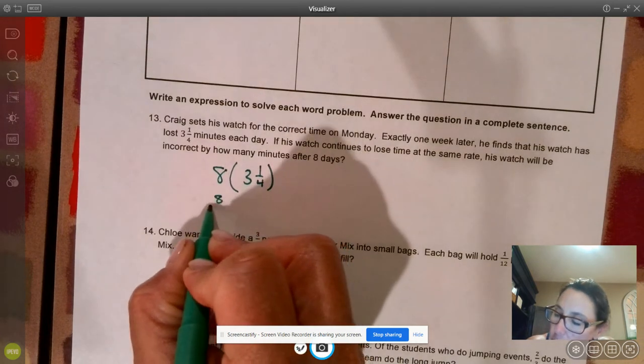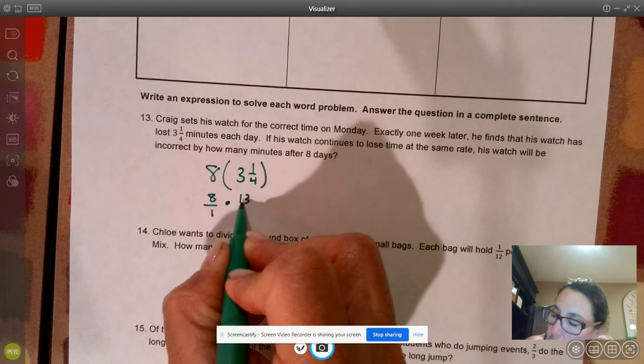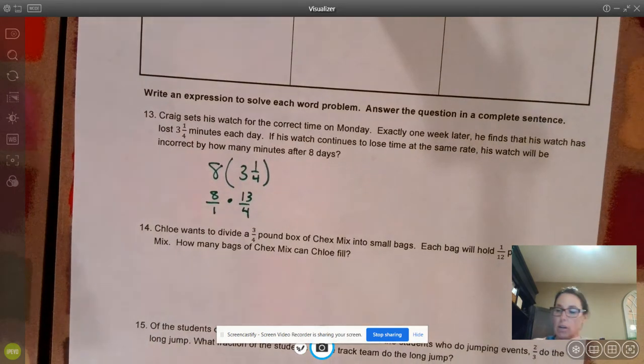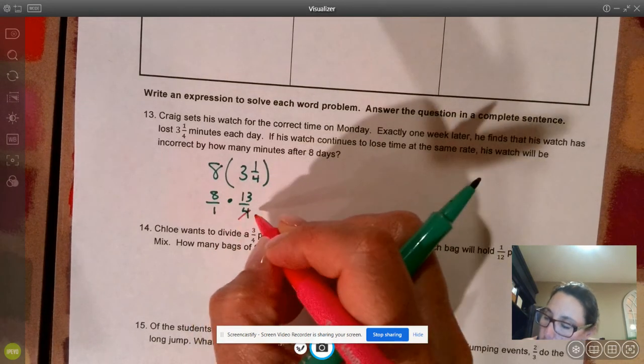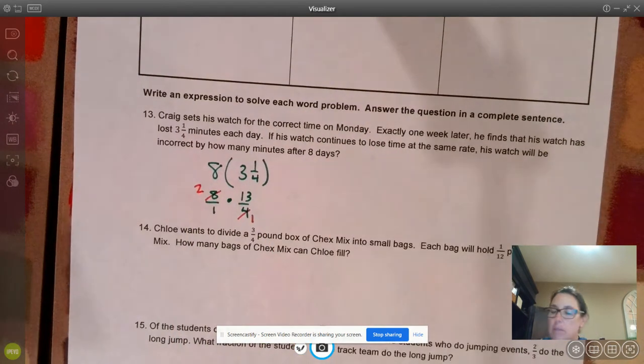So let's think of that as 8 over 1, and let's think of this as 13 fourths. Okay, now 4 and 8, I'm going to cross cancel. I don't want to think about what 8 times 13 is, but I know 4 goes into 4 once and goes into 8 2 times.